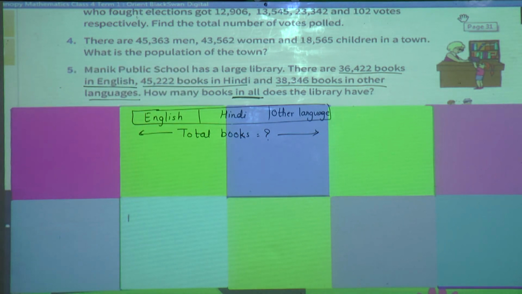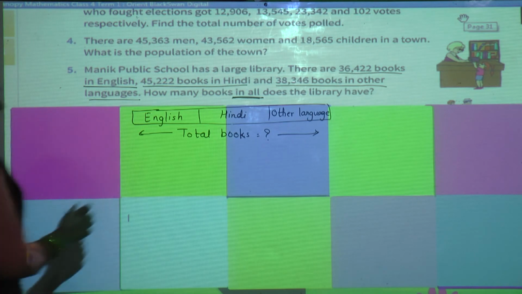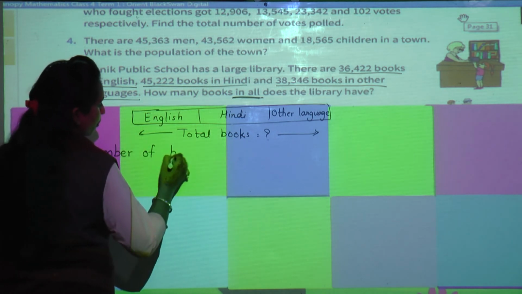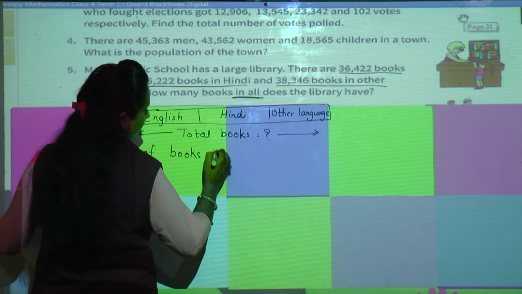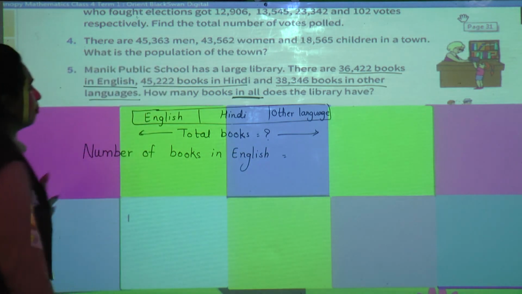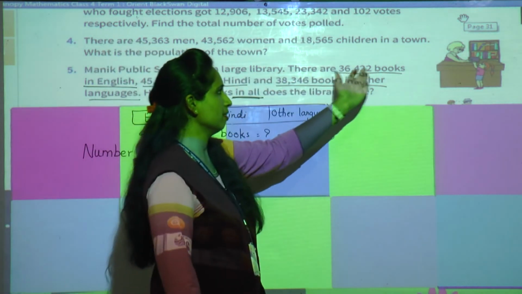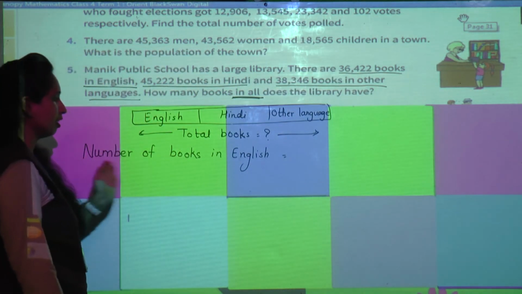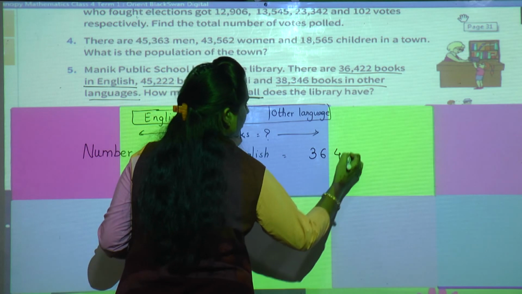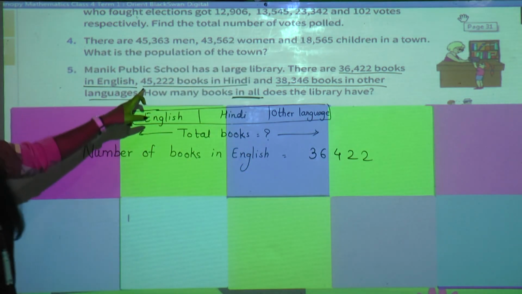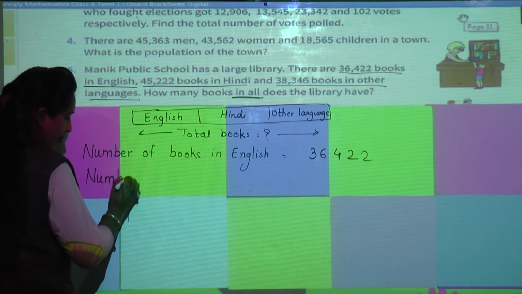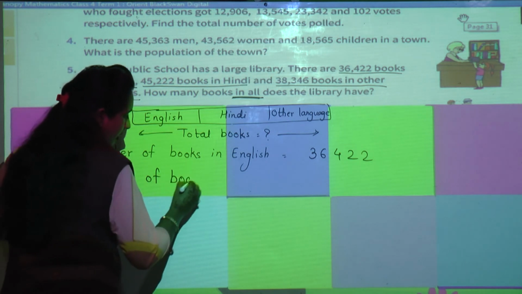So how can you write here? Number of books in English. See how I am writing this sentence, by using the question itself. Since it is given that there are this many books in English, I have just written number of books in English. How much? 36,422. And the next, how many books are there in Hindi? So I'll write here number of books in Hindi.